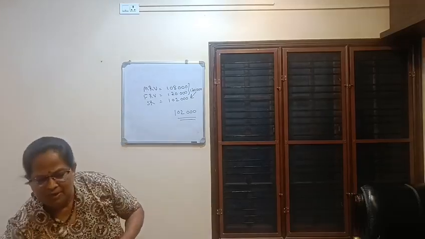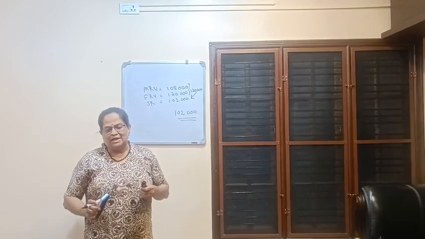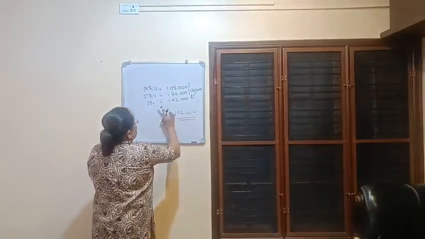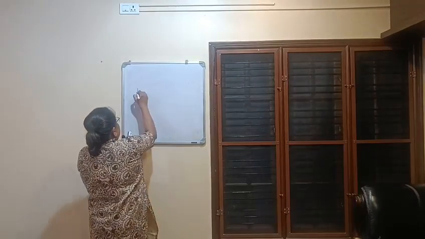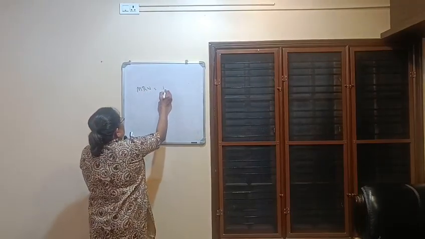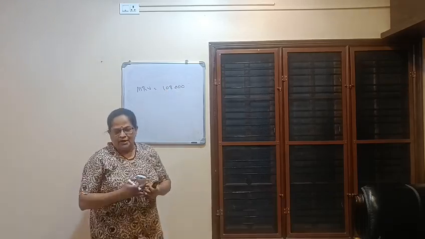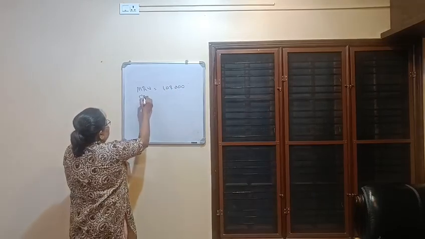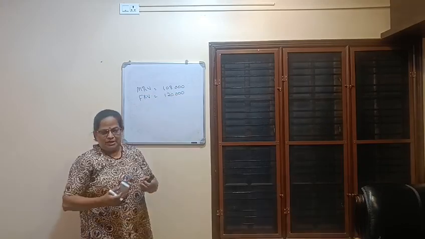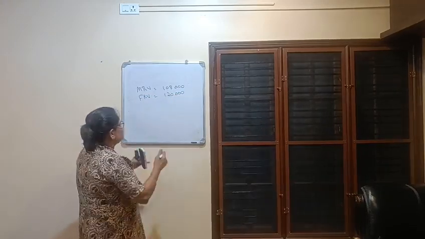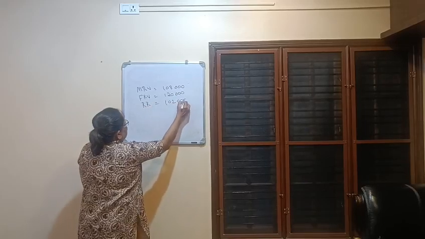Now the second problem, A has a house property in Bangalore which is let out. Its municipal rental value MRV is 1,08,000. FRV is 1,20,000 and real rent is 1,02,000.